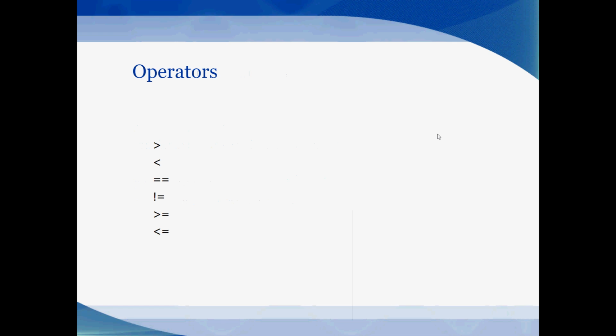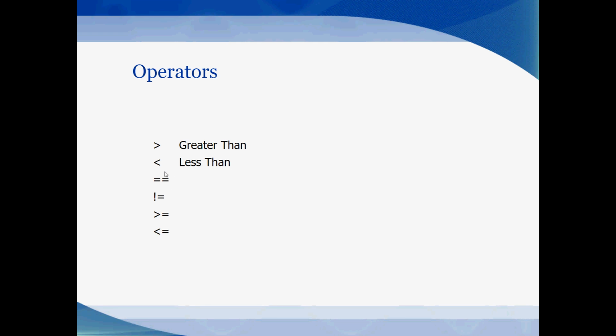Now when we start doing some control structures, we're going to need a couple of operators. Some of these are obvious from math. This first one up here is the greater than sign, and then you've got the less than sign. Here is the tricky sign: if I just use one equal sign, it says assign a variable the value of whatever it is.